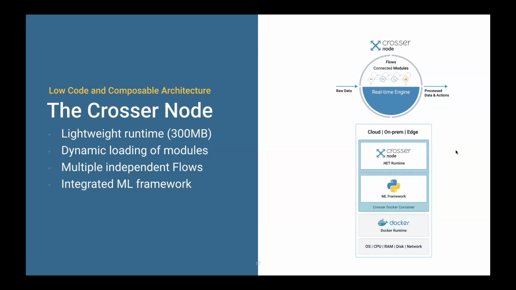Also, all these modules, or building blocks, that you use when creating these use cases are hosted centrally in the control center. And whenever you deploy a flow, all the modules that you use in that flow will be downloaded dynamically into this local execution environment. So these nodes don't know anything about modules or Python or whatever.